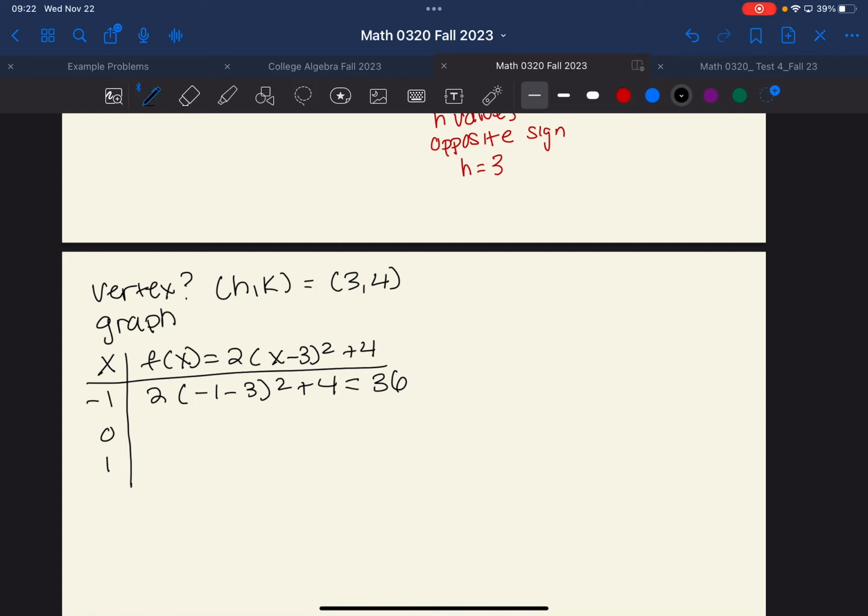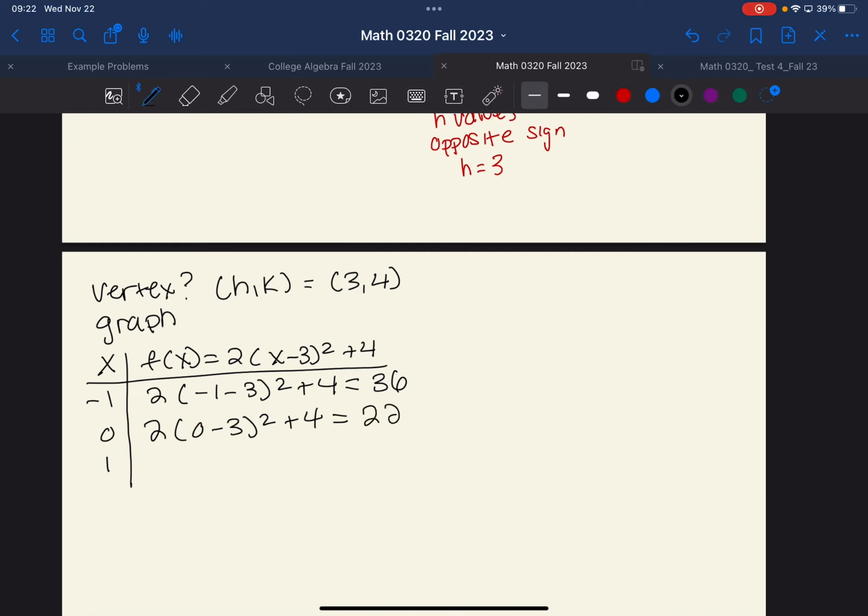Then plugging in 0, I have 2 times 0 minus 3 squared plus 4. 0 minus 3 gives me -3. -3 squared is 9. 9 times 2 is 18. 18 plus 4, 22.